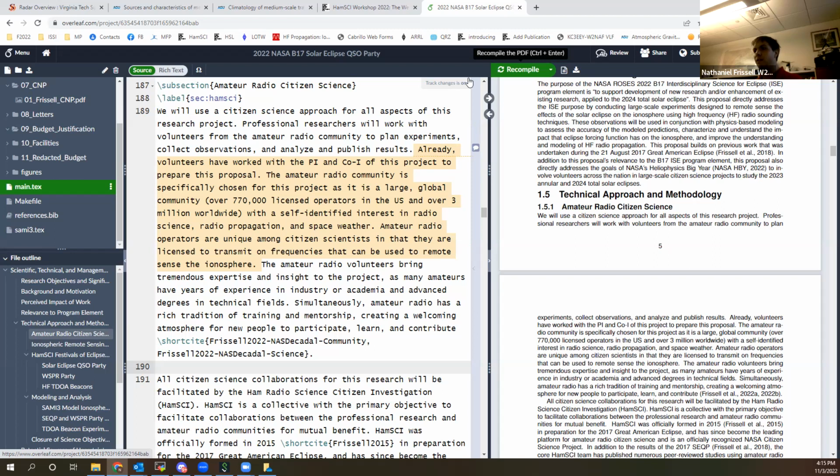Already, volunteers have worked with the PI and COI of this project to prepare this proposal. The amateur radio community is specifically chosen for this project, as it is a large global community with a self-identified interest in radio science. So right around here is where I need to put that in.